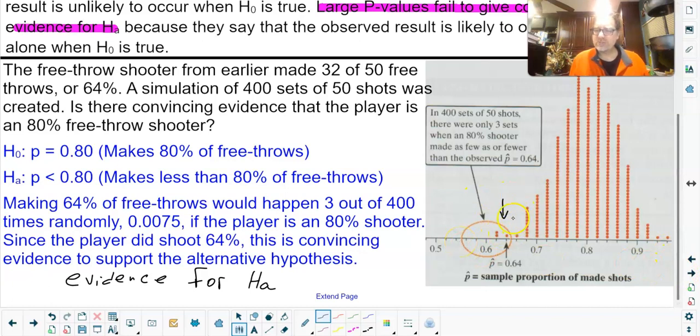We're struggling with understanding what this graph is showing us. He should not have been this bad if he was really an 80% shooter. It should not have happened. It's a very low probability of happening by chance. So what that means is he is less than an 80% shooter, is what it's leading me to believe. So this low p-value is evidence for the alternative hypothesis to be true.